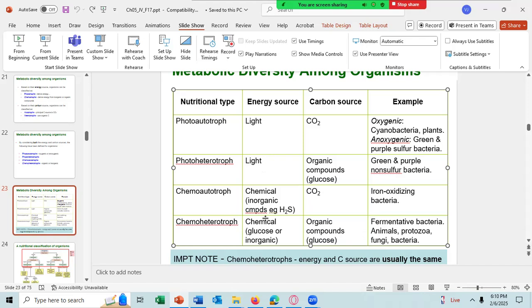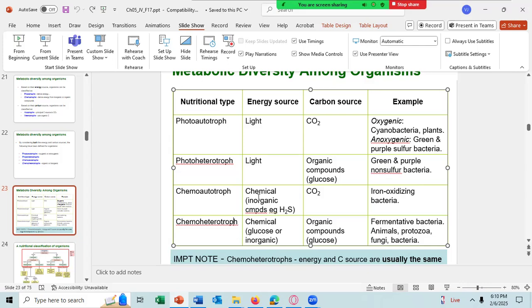But there are some bacteria which, it's true, get their carbon from glucose or some organic chemical compound, but they can get their energy needs from an inorganic chemical compound. And it's only the chemosynthetic bacteria that can do this, as far as I know.